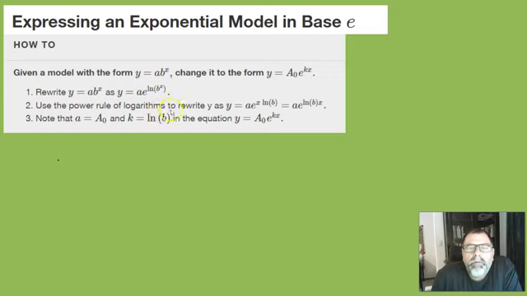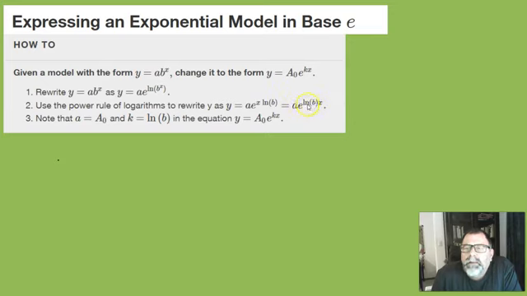Okay, use the power rule of logarithms to rewrite. So we're going to take this x and bring it out as a power. So a e to the x times ln b. So we brought that x out in front of the ln. And then that equals, oh, they just rearranged it, right, because it's multiplication.